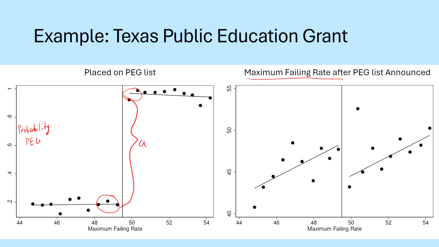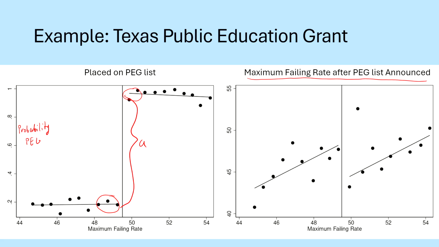And then we can look at different outcomes. One outcome that you might be interested in is the maximum failing rate in the year after the PEG list was announced. Schools that are placed on the PEG list have an incentive to respond and improve their standardized testing scores so that they don't get placed on the PEG list again and they don't have this potentially embarrassing email or embarrassing letter sent out to all the parents of their students. They want to get off of the PEG list. And so they may, through whatever method, do something to improve their test scores the next year.